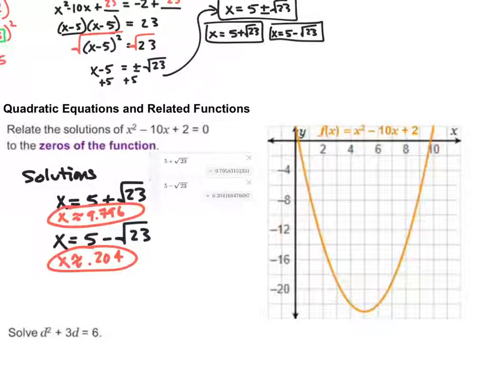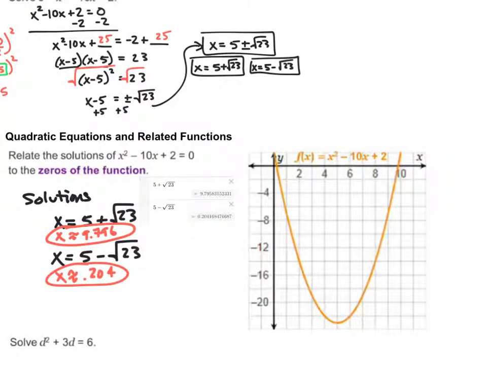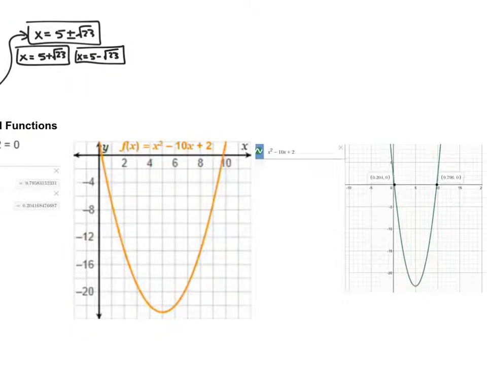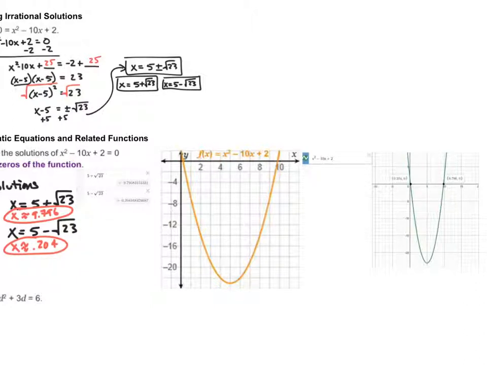Now, if you're checking this, all right, what we can do is simply go in and graph this equation, and let's see where it crosses the x-axis. So let me plug that into Desmos as well, and let's see what we get. Okay, so now that we've done this, hopefully you guys can see, we get the same thing.